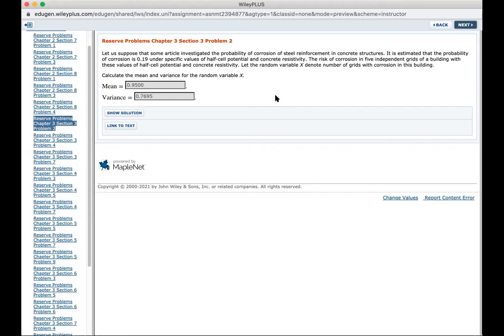So the mean is going to be n times p, and the variance is going to be n times p times q. Here n is 5, p is 0.19, and q is 1 minus 0.19. So you can find the mean and variance.